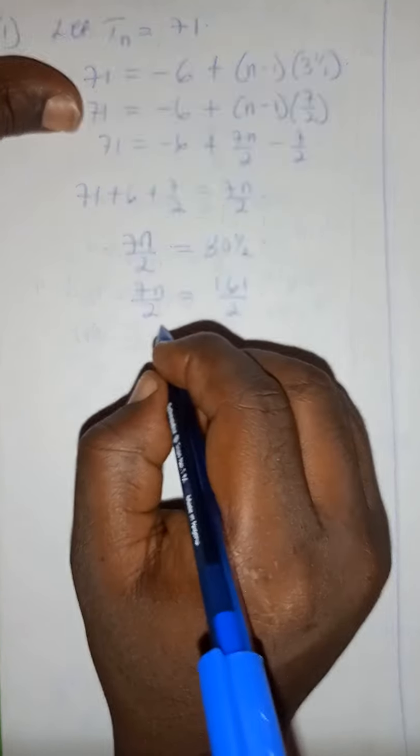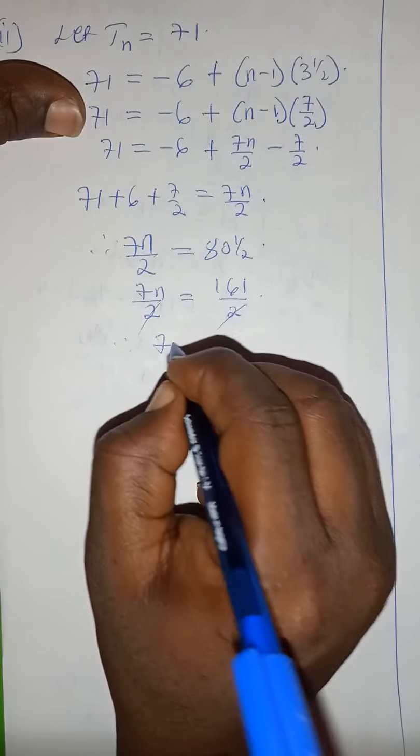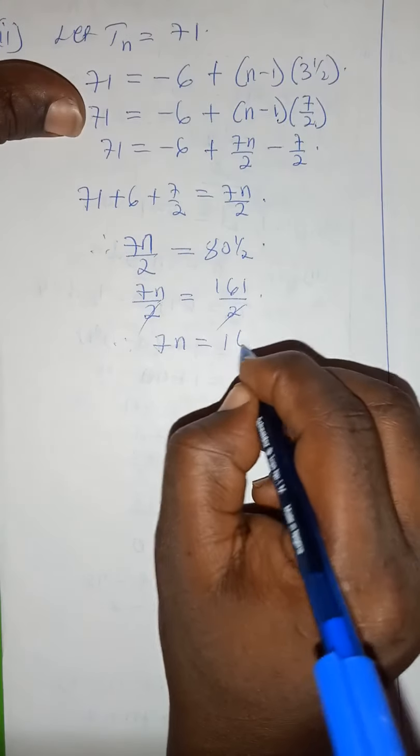So therefore these two can cancel these two. 7n is equal to 161.